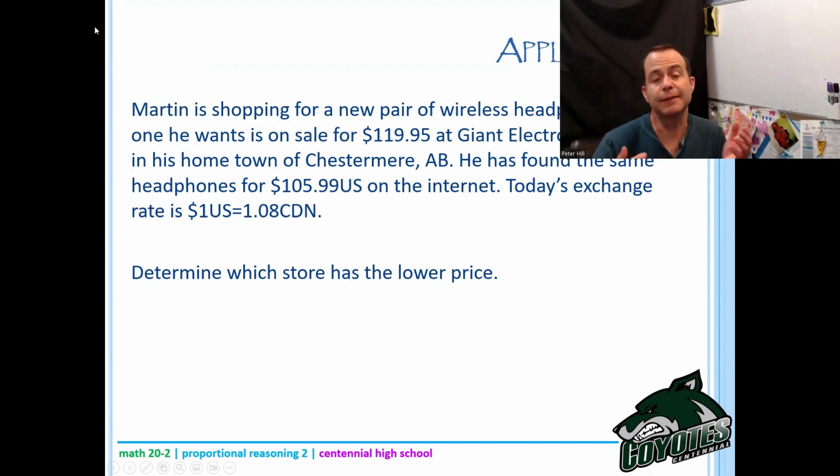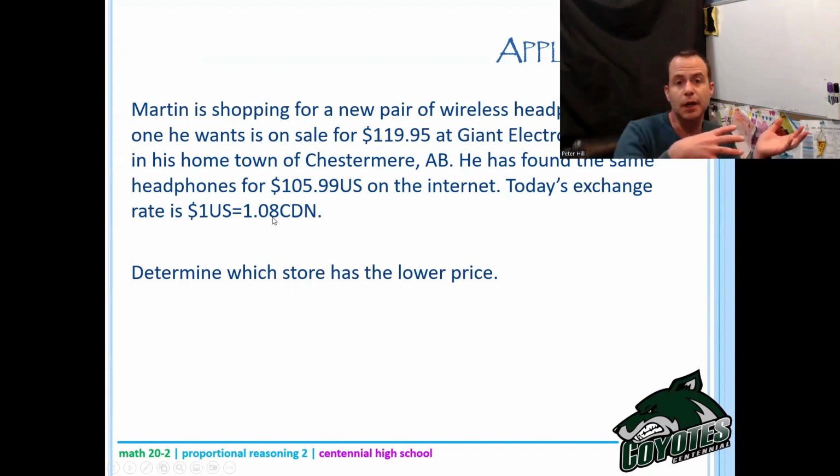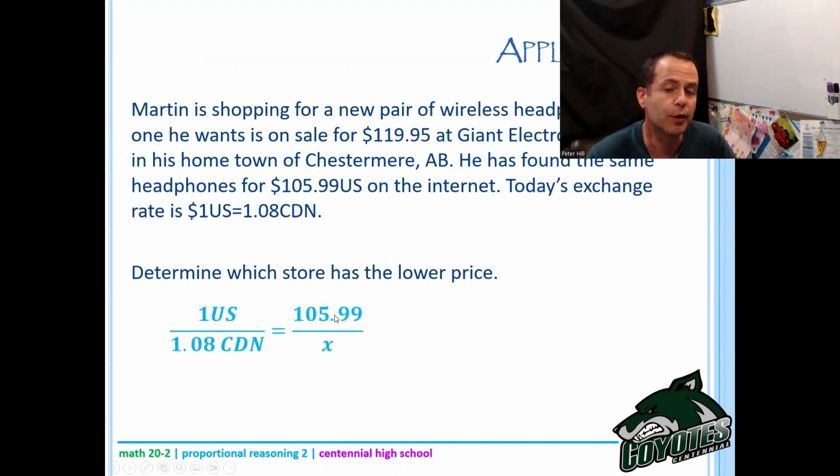So what I have to do is take that American price and convert it to Canadian funds. I know 1 US is 1.08. Just like we did with currency conversion yesterday, that's going to be my starting fraction. Then I set it equal to the 105.99 US that I know it's going to cost. I can cross multiply to figure out the matching piece of this fraction because I have equivalent fractions.